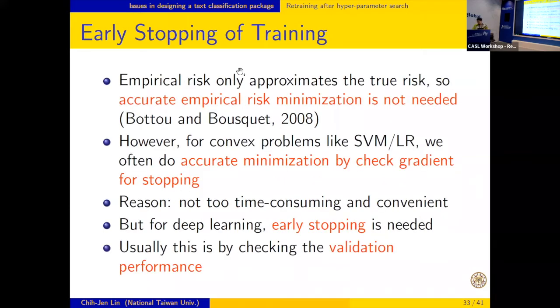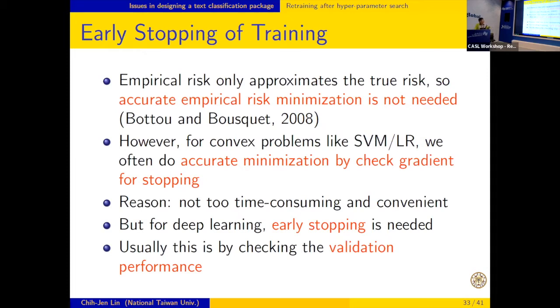So now let's check the difference between deep learning and some traditional models. We know that empirical risk only approximates the true risk. Therefore, in general, you don't need to accurately do the empirical risk evaluation. However, for support vector machines or logistic regression, people do that.